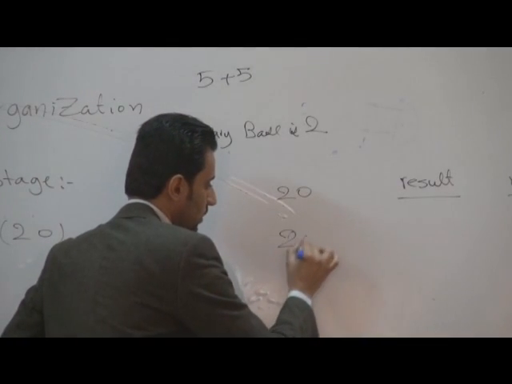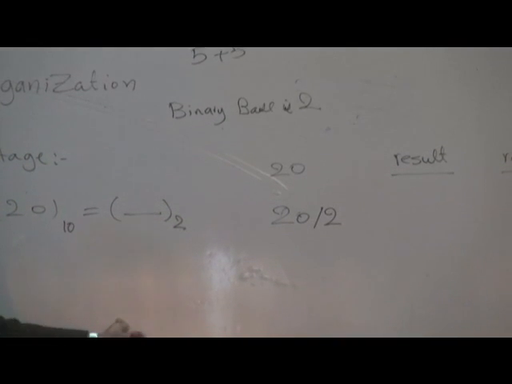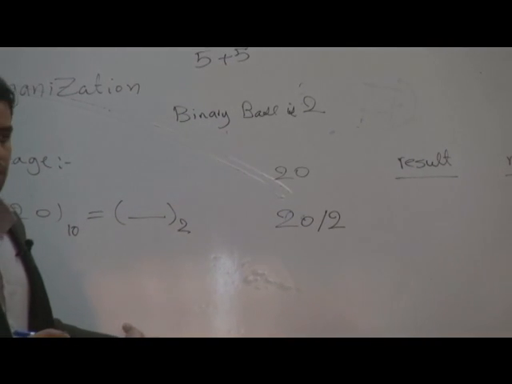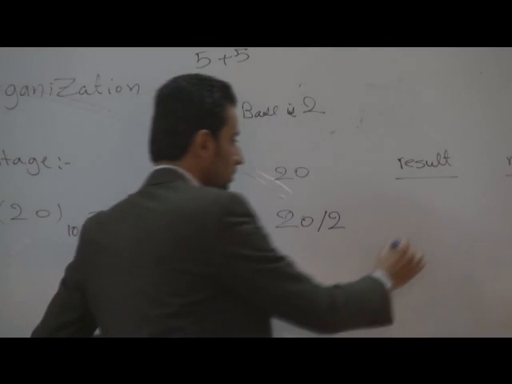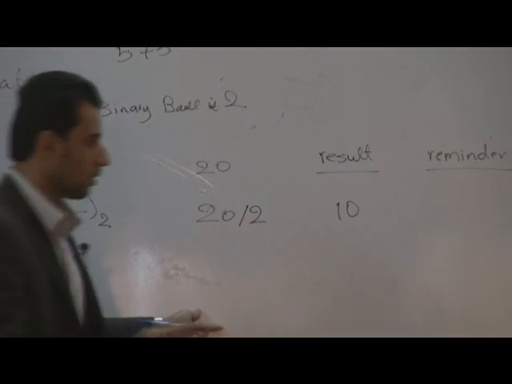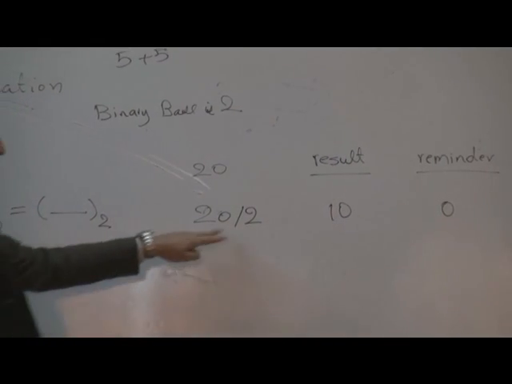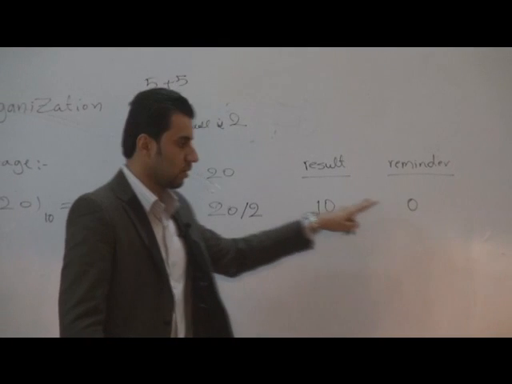So, 20 divided by 2. What is the result? 10. And what is the remainder? 0. Okay. 20 divided by 2 is 10, and remainder 0.